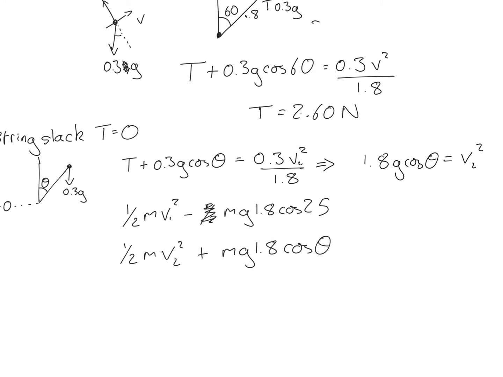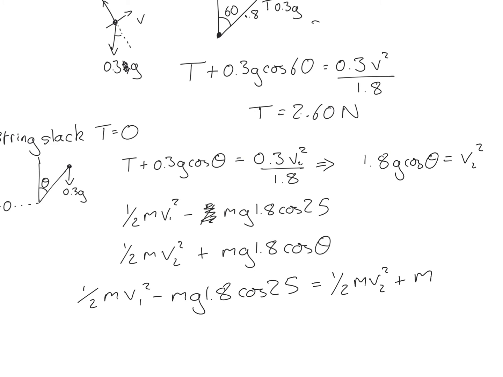So I'm going to sub that into here, and I get, because these two equations are equal, half m v1 squared minus mg cos 25 equals a half m v2 squared, the v that I'm trying to work out, plus m 1.8 g cos theta, which is v2 squared.